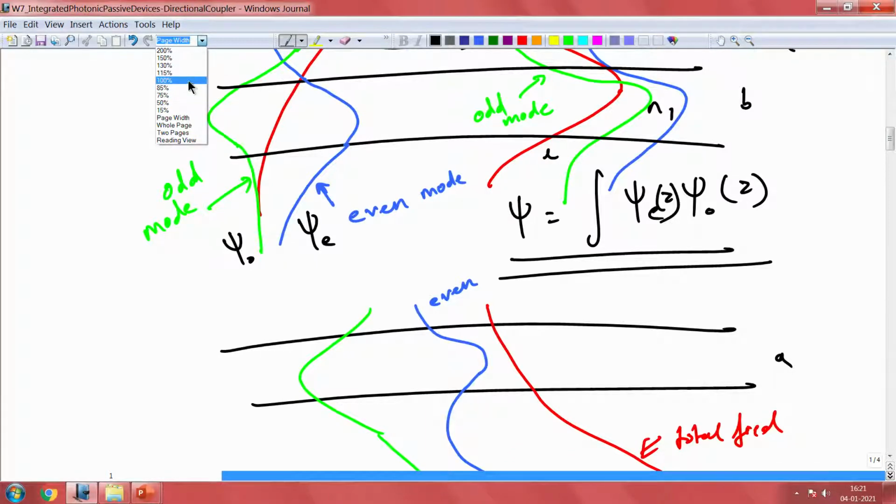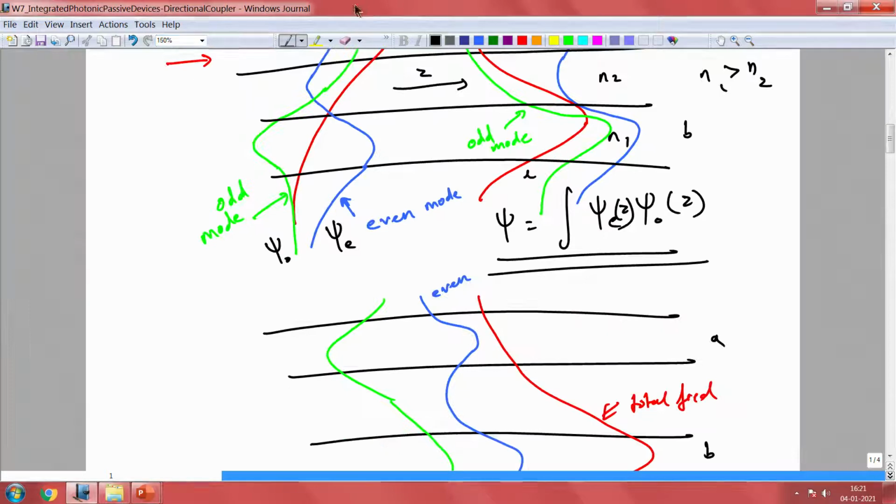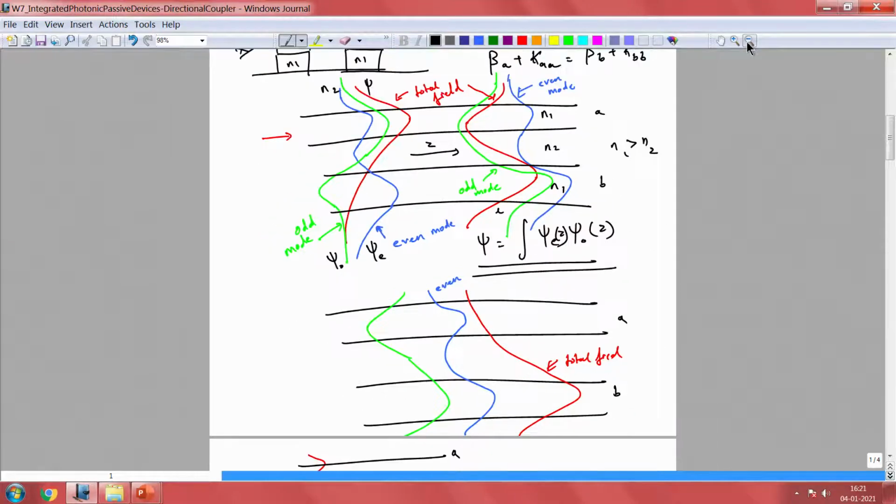Let me reduce it a bit, so that we can see both of these together. When you look at these two, this is position 0, let us say Z equals 0 here, and here Z equals the phase matched coupling length.